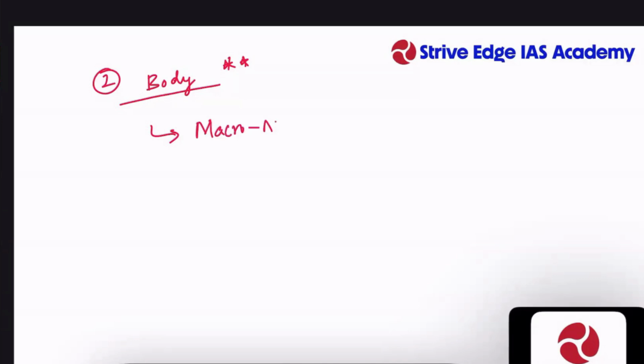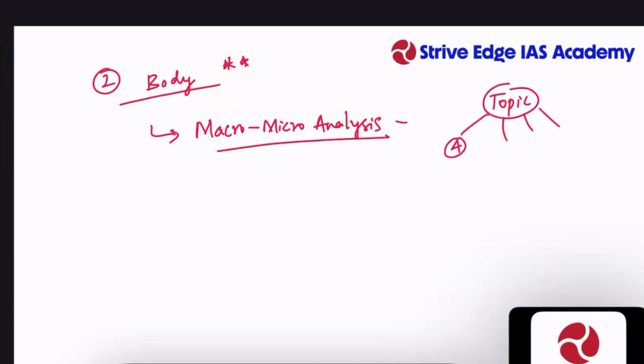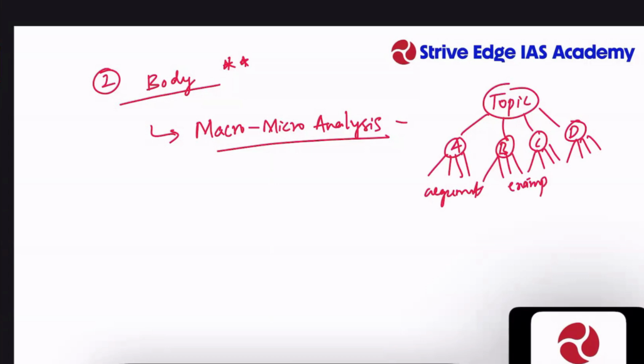So we have the macro-micro analysis. In macro-micro analysis, we take the topic and divide it into some macro dimensions, and under each macro dimension we find some examples or arguments and provide them.